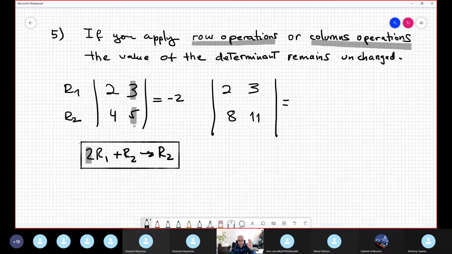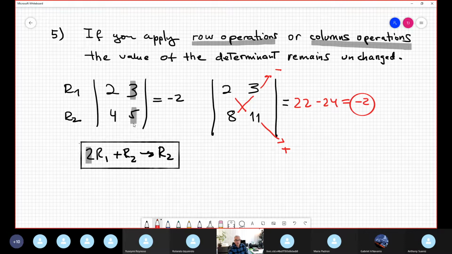Now let's see what happened. Surprise. You multiply like that, 22, and like that, negative 24. The answer stays the same. Unbelievable. When you perform a row operation, it stays the same. Let's see what happens when you perform a column operation.